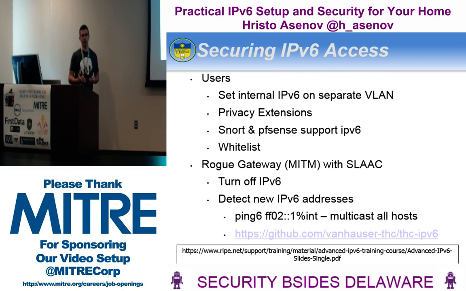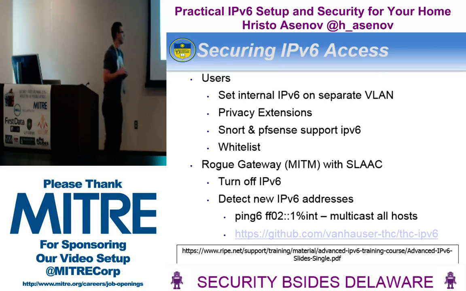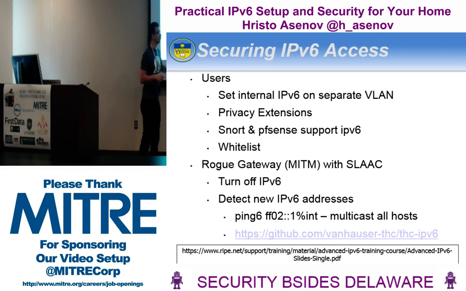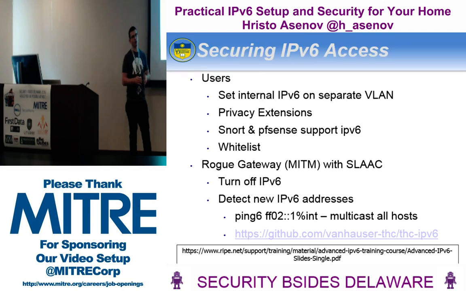To do that, you ping FF02, the multicast address, and you need to specify the interface that you're going out of, and you can see all your v6 addresses on the network. And then you can generate a whitelist for your devices that are on there. And if you see a new one, you can ban it from connecting.